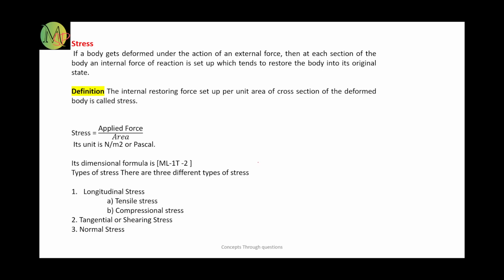Mechanically, how we define stress is: if any body is subjected to an external force F, this is called a tensile force. Because of this applied force, the body creates internal resistance. At each and every section the internal resistance is created.